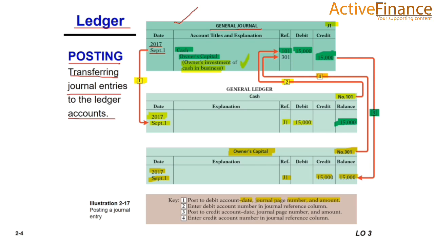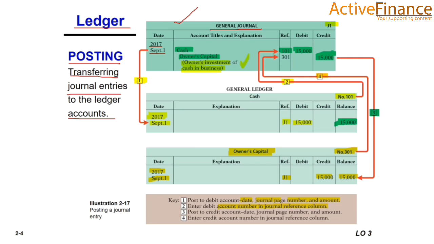Enter the account number. We will provide it in a general reference column, and similarly we did these two steps. So I hope you have understood the posting from general journal to general ledger.